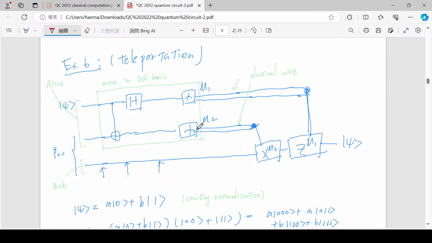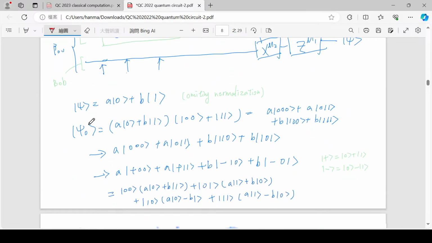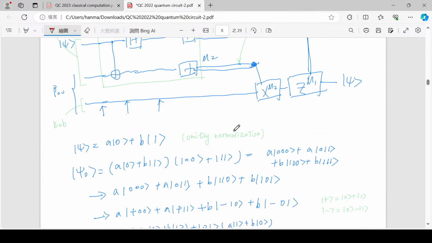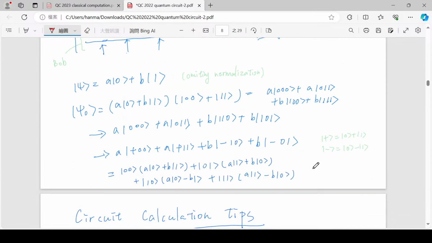Then we get 2 classical outcomes, and she sends them to Bob, and Bob can do the correction. But we are a little short on time, so I guess we'll leave the example here. It's similar to what we had before, but you can check it once again that everything is correct.